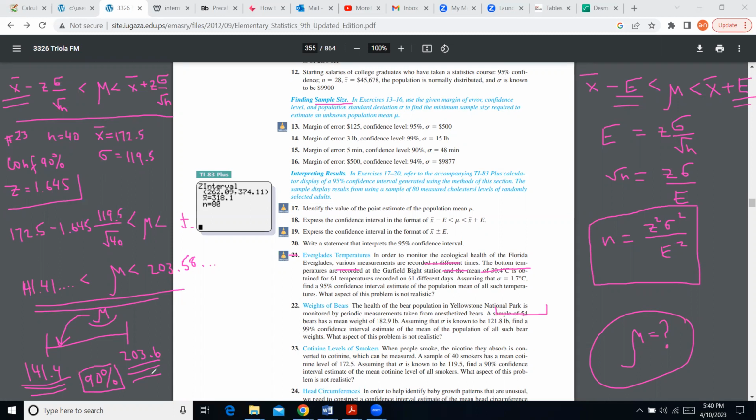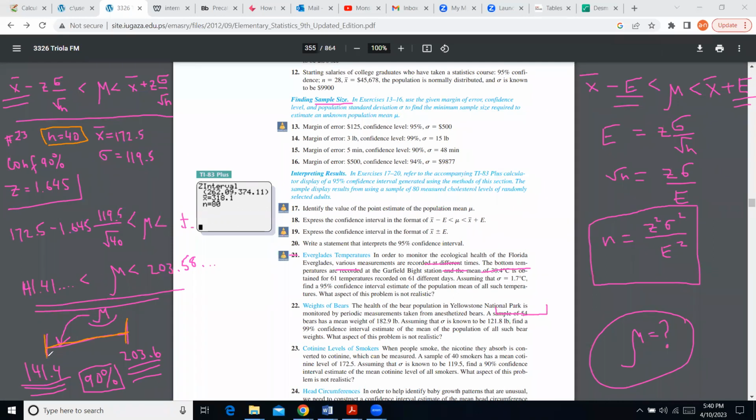Well, in order to get that calculation, we took a sample of 40 people. And this way, our interval became very wide, from 140 through 200.